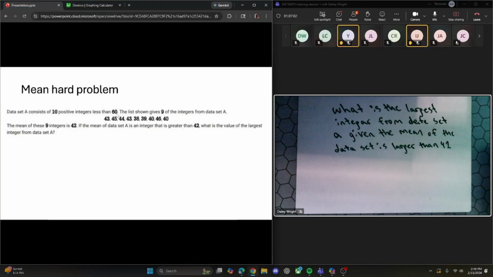These are the 9 integers from dataset A. We have to find an integer that makes the mean of dataset A an integer that is greater than 42.